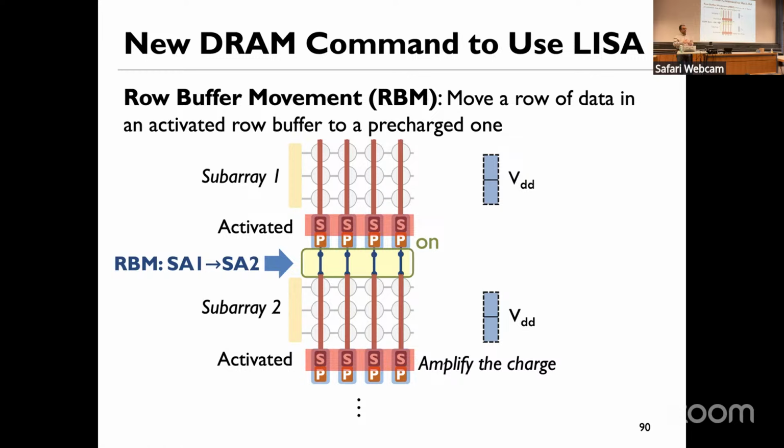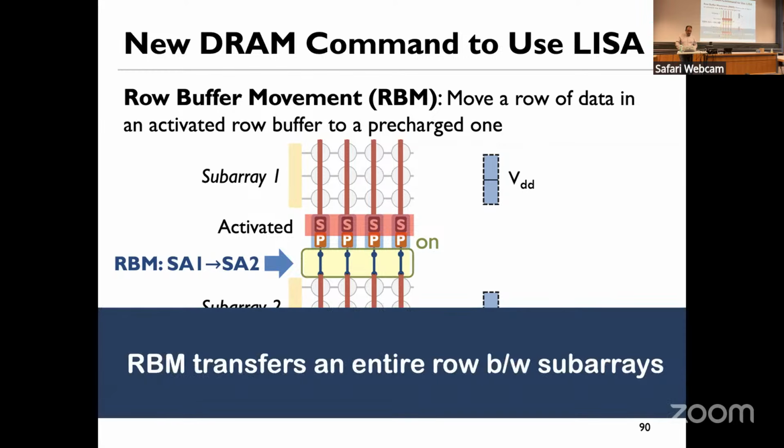Again, it's not magic. You activate subarray 1, you have your data in your row buffer, but that row buffer is not connected to the row buffer of another subarray. So we add these transistors such that you can copy that to another subarray. And then by activating the row in subarray 2, you put that data as a destination to another row located in another subarray.